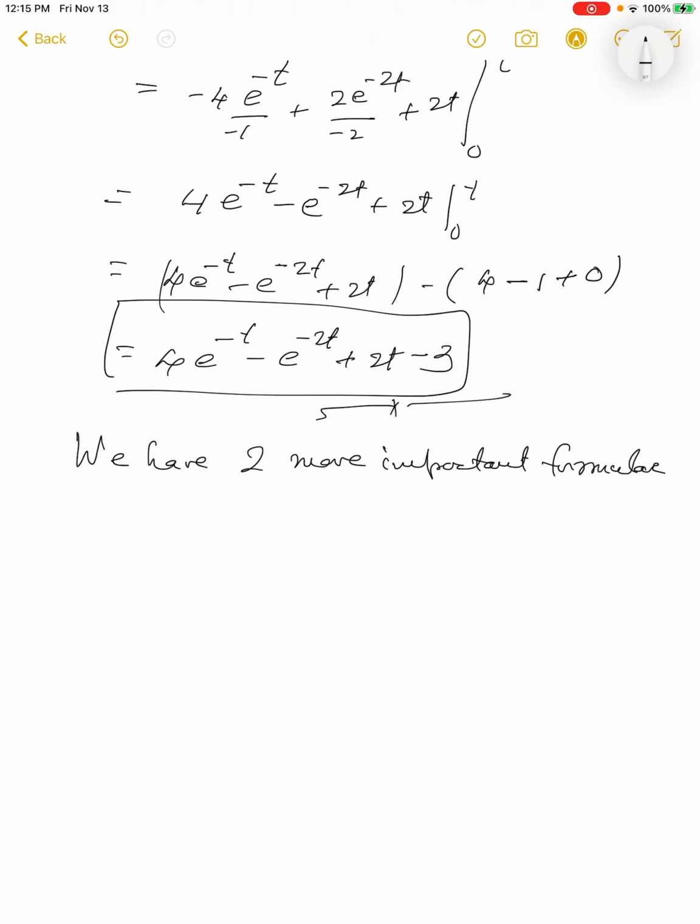Maybe I have enough time to demonstrate how to do one differential equation problem, but before that let me finish what I was writing. We call them shift formula 1, and this will be for the next lecture.